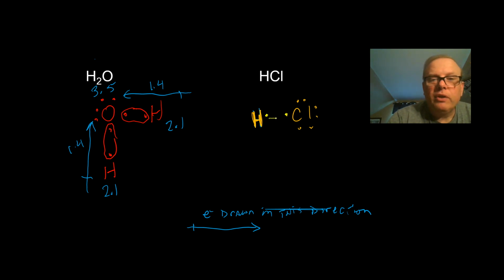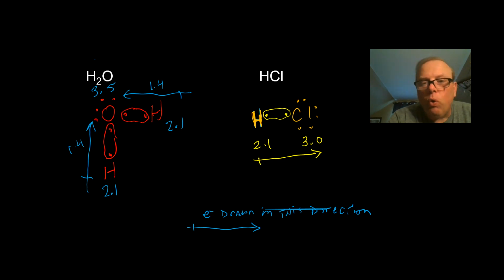By making this single bond, we've now satisfied the octet for chlorine and the duet for hydrogen. Chlorine's electronegative value is 3.0. Hydrogen's value is 2.1. So chlorine has the greater attraction for the electrons, and the electrons are going to be drawn towards the chlorine.